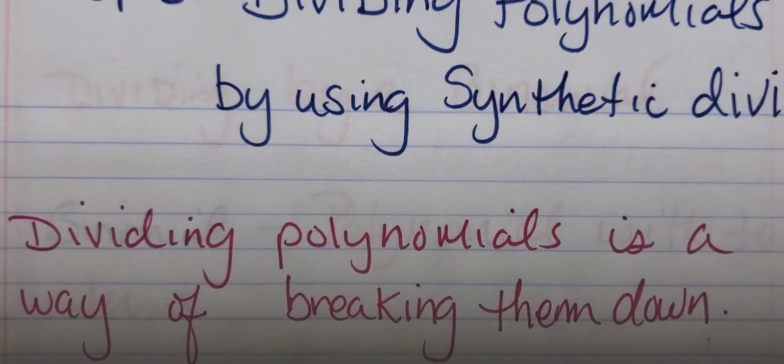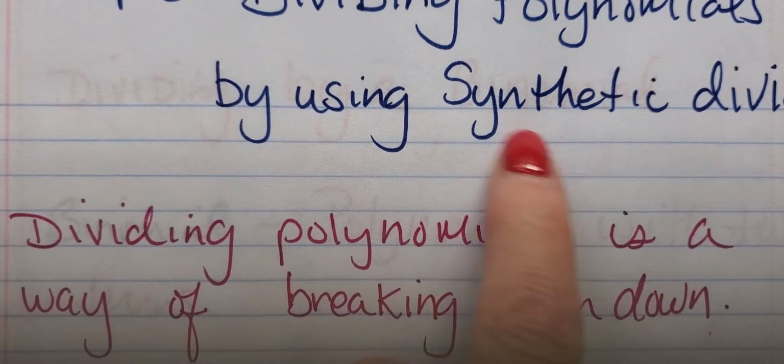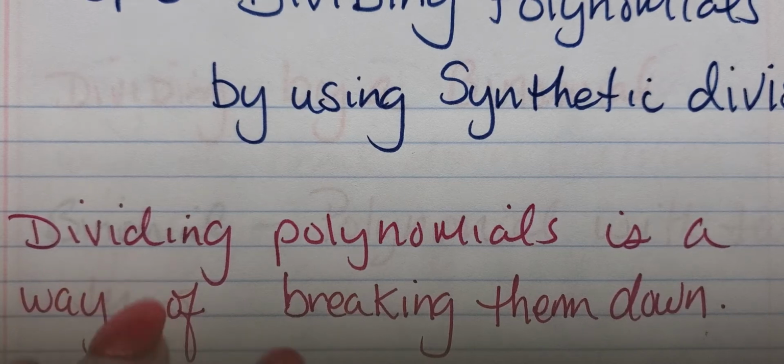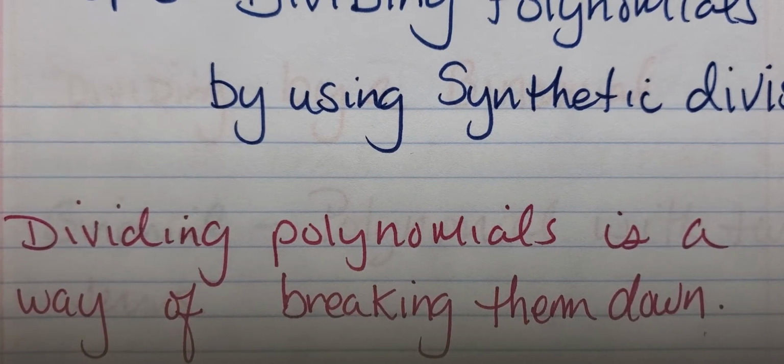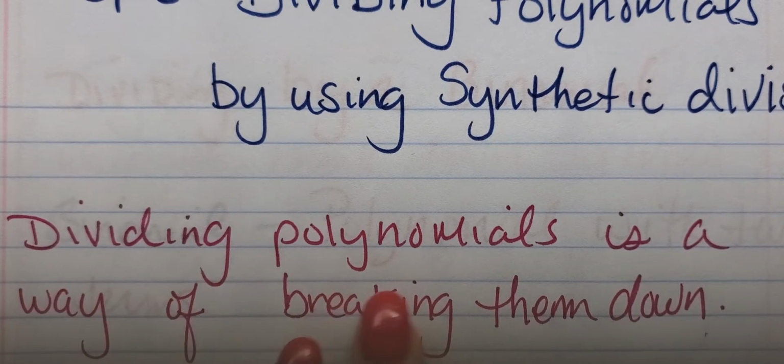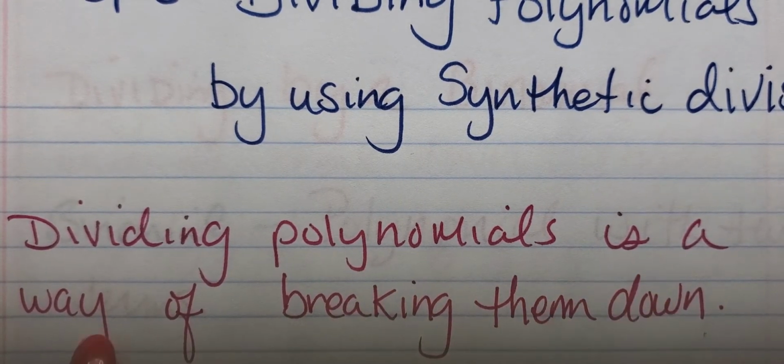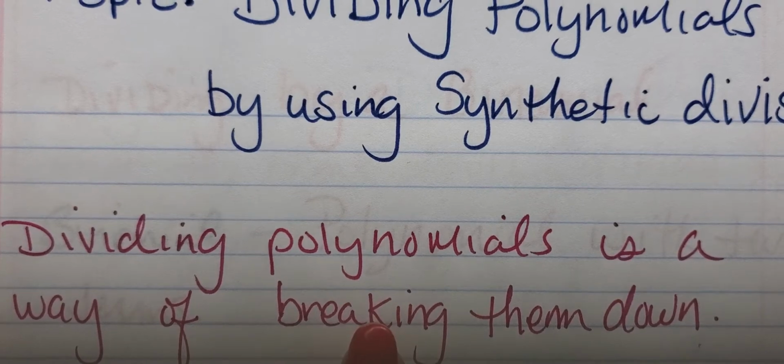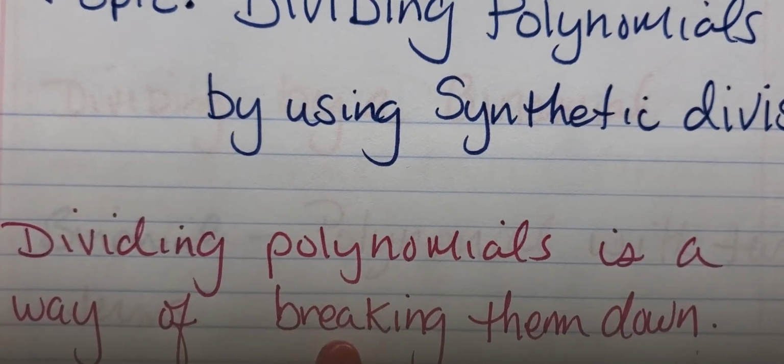Because what's going to happen today, when we're talking about dividing by synthetic division, we want to take a polynomial. Dividing polynomials is kind of a way of breaking them down, making them smaller.